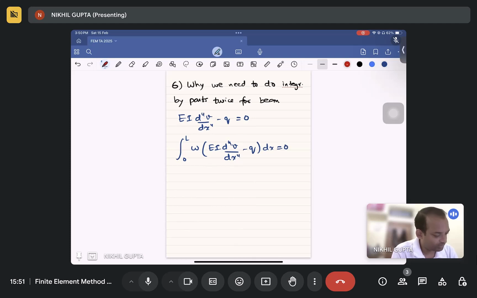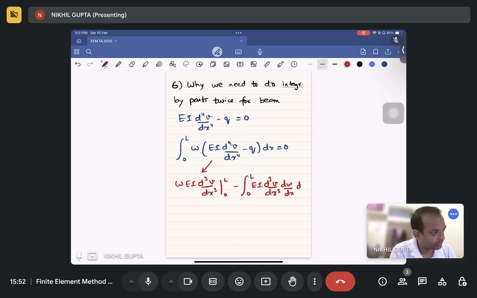We do integration by parts and get W EI d3v by dx cube from 0 to L, minus the integral from 0 to L of EI d3v by dx cube times dw by dx dx. Now again we do by parts, and we get minus dw by dx EI d2v by dx square from 0 to L, plus whatever integration we have.